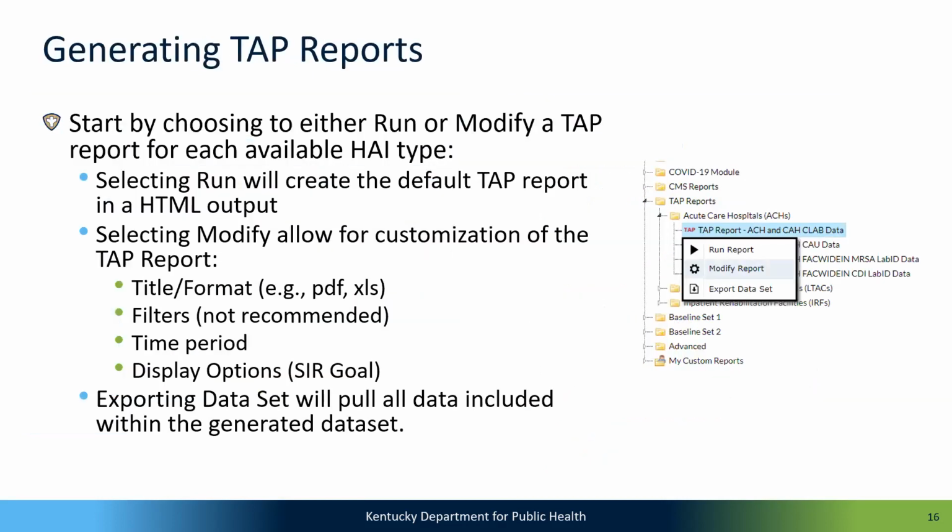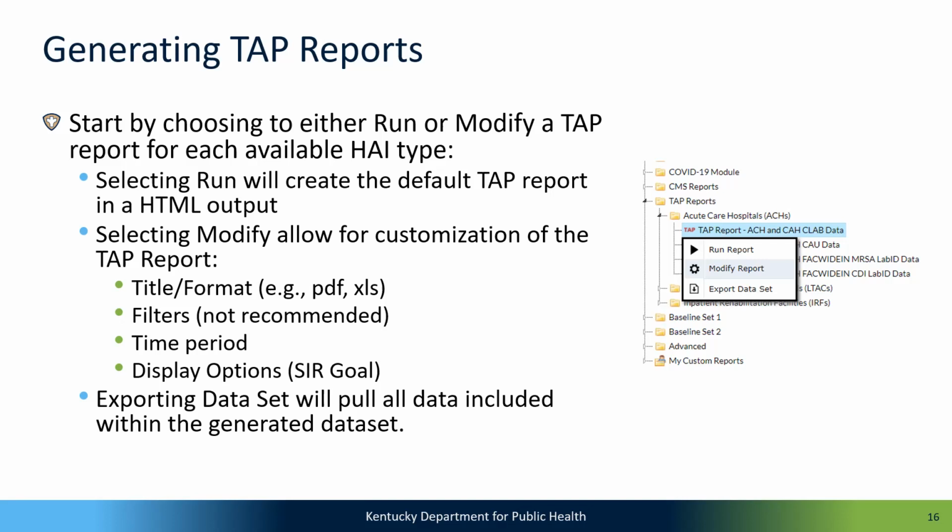So you're going to start by choosing to either run or modify a TAP report for each of the available HAI types, whether you want that to be for CLABSI, CAUTI, CDI, or MRSA. In this example, we are running a TAP report for CLABSI. When we select run, it will create the automatic default TAP report in an HTML output. And that report will include the specified time frame that was identified when you generated your data set.